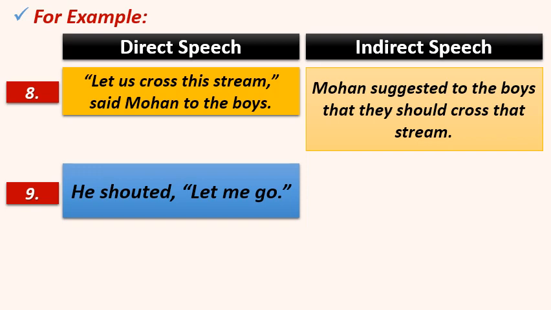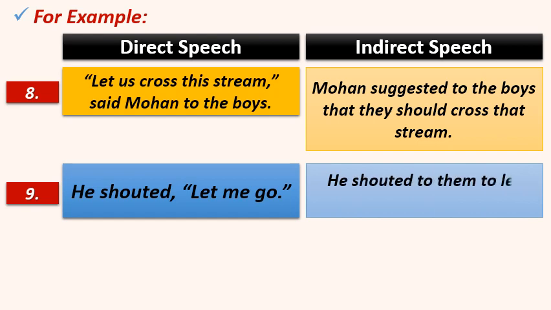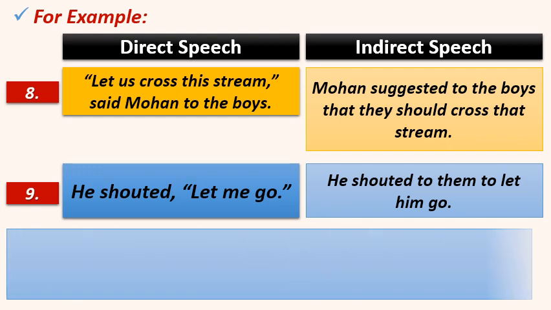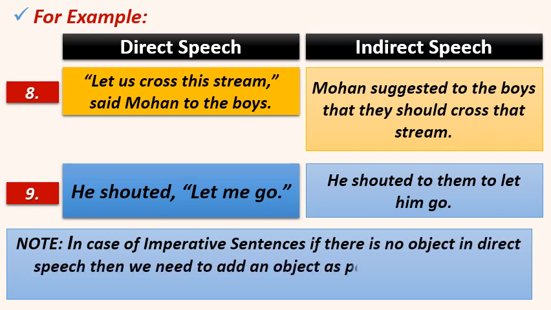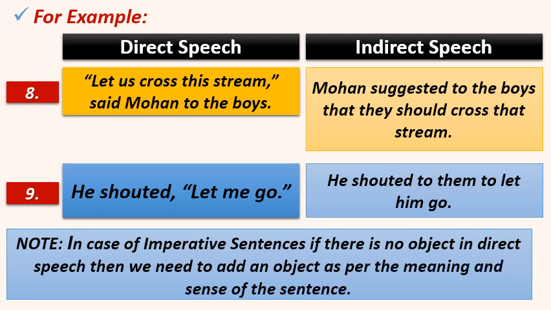So the final result of the same sentence in indirect speech is, he shouted to them to let him go. Now note one thing, in case of imperative sentences, if there is no object in the direct speech, then we need to add an object as per the meaning and sense of the sentence. This is compulsory.